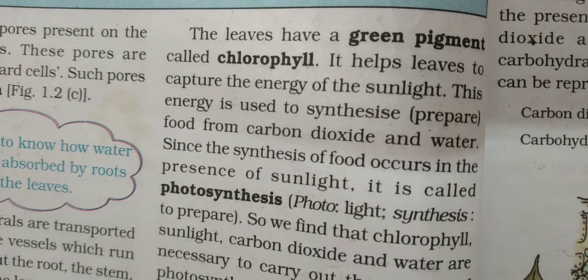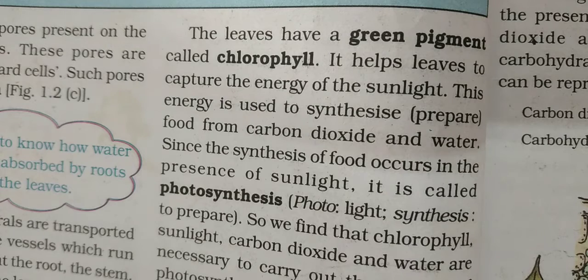So, when the sunlight falls on green leaves, the green color pigment, which is called chlorophyll, captures the energy of the sunlight and it helps in preparing the food or synthesizing the food. What helps? Not the chlorophyll but the energy which is captured by chlorophyll from sunlight is used to synthesize or prepare food. And obviously carbon dioxide and water are also required to prepare the food.